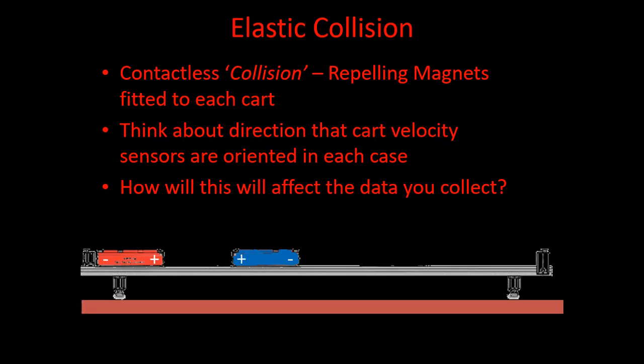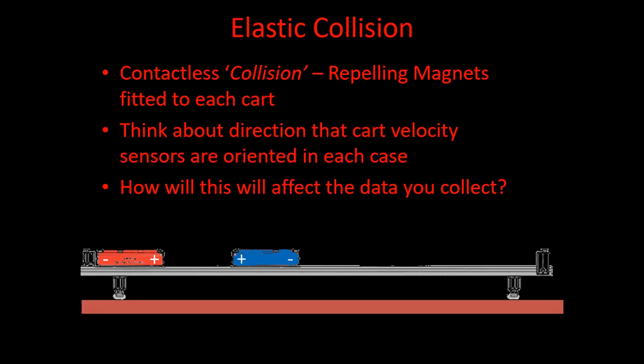So in the case of an elastic collision, it's really a contactless collision, because what we're going to do is set the red cart moving with some initial velocity. It's going to impact the blue cart. However, the impact will occur between 2 repelling magnetic systems. Therefore, there won't be any actual contact, as in the carts will not hit one another, because that would result in loss of energy due to friction and sound.